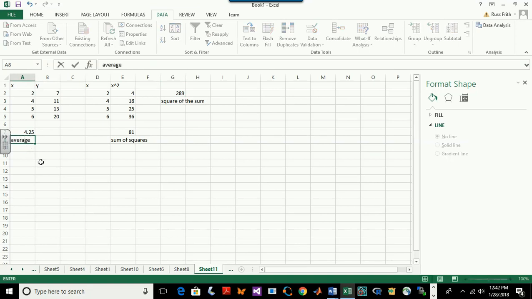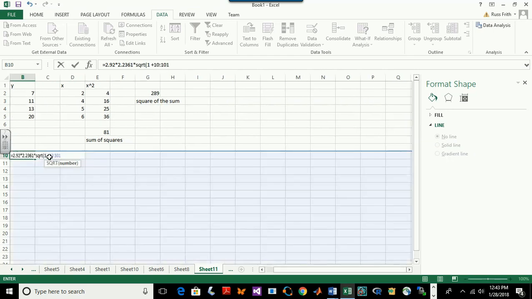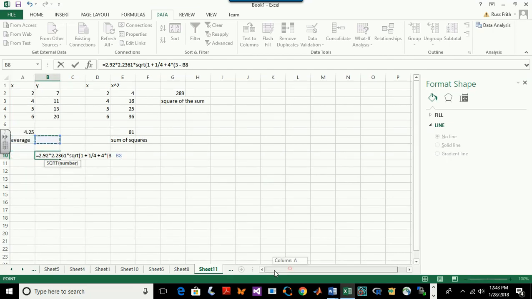All right, so now we can calculate our margin of error. So this would be 2.92, the t statistic, times 2.2361, which is the standard error of the estimate, times the square root of 1 plus 1 over 4 plus, now we have 4 times x naught, which is 3, minus x bar, which is 4.25.